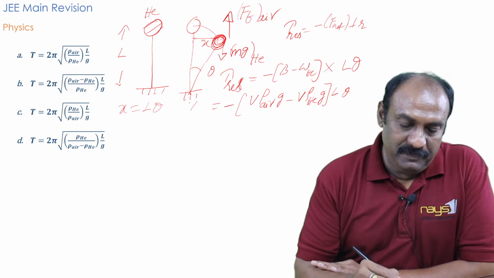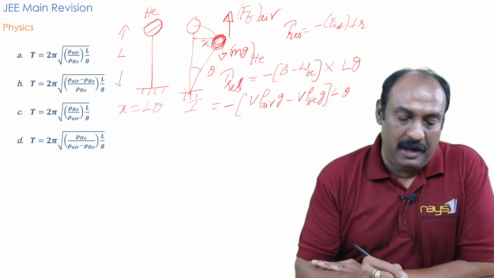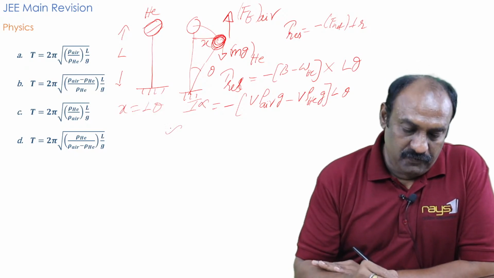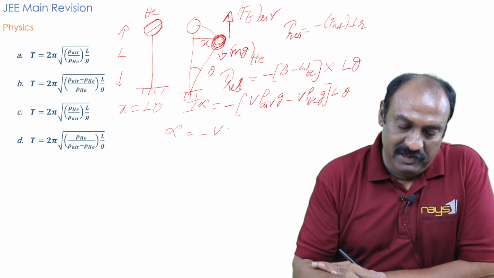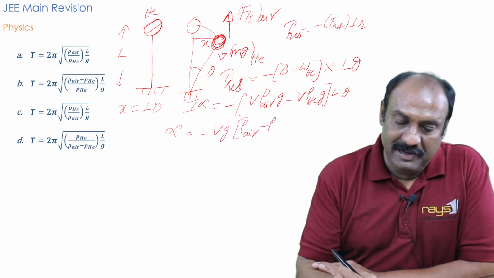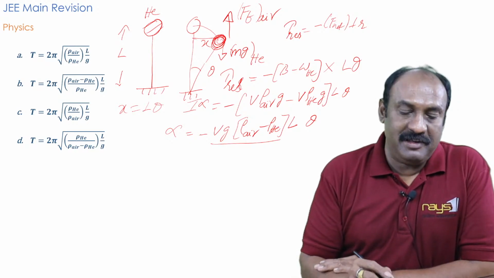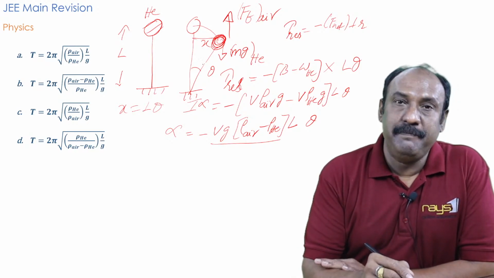So the moment of inertia is I about this point, into angular acceleration alpha. So alpha is equal to minus of Vg into density of air minus density of helium, into L into theta, by the moment of inertia of the oscillating balloon.